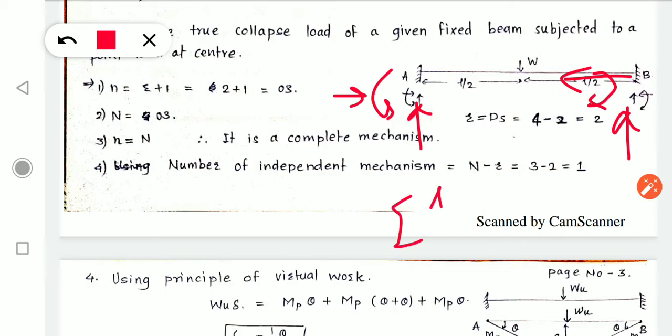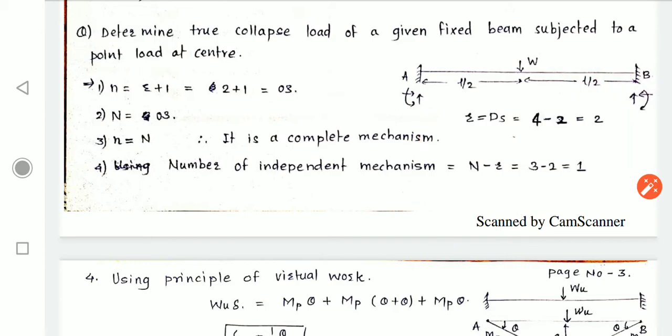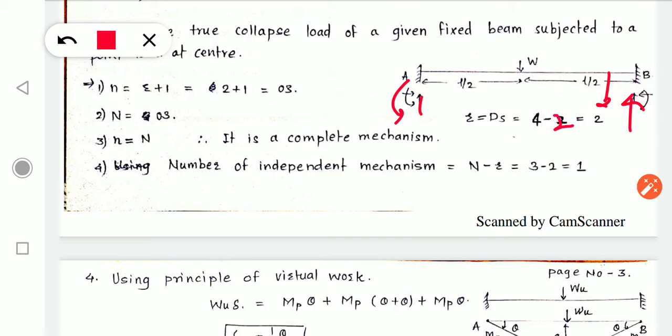Even the summation of Fx from equilibrium is also neglected. Then what will be the reactions? Reactions will be 1, 2, 3 and 4. And what will be the equilibrium equations? As summation Fx is removed, the equilibrium equations will be 2. Therefore, we come across R equals 2.